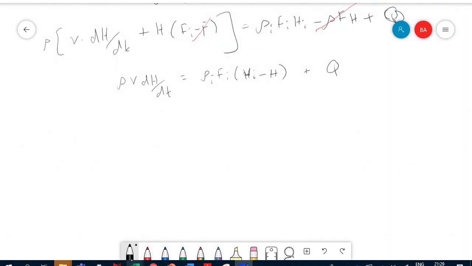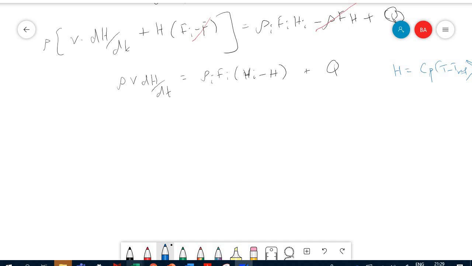And now you can remember from heat transfer that H is equal to Cp into T minus T reference. It's not more complicated. It's that H is equal to Cp into T minus T reference.